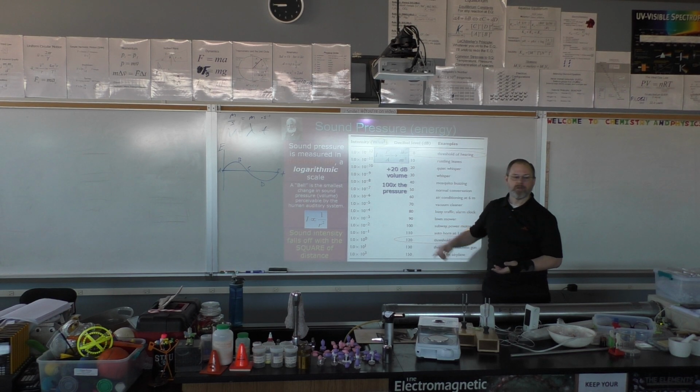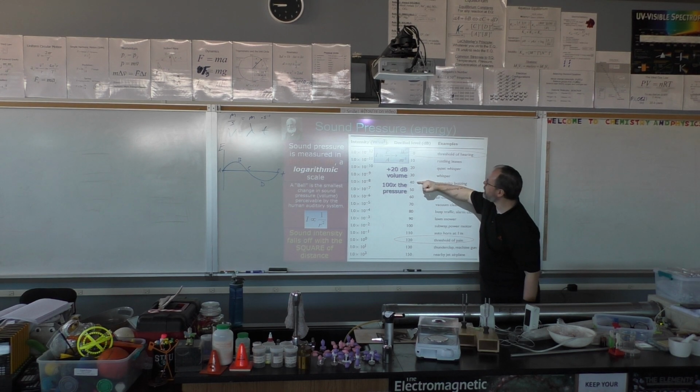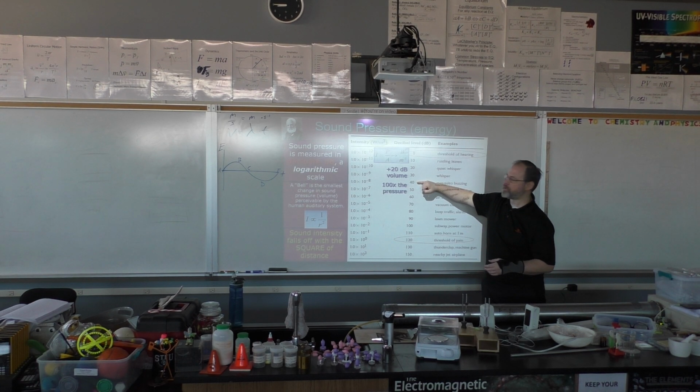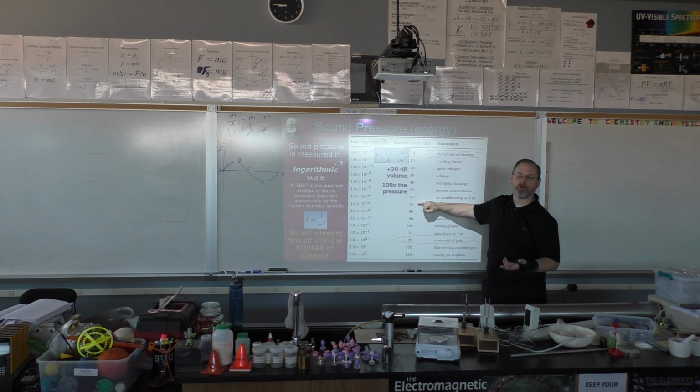Every 10, you multiply your wave energy by 10. So from 30 to 40, 10 times more energy. From 30 to 50, 100 times more wave energy. From 30 to 60, 1,000 times more wave energy. And from 30 to 70, 10,000 times more wave energy.